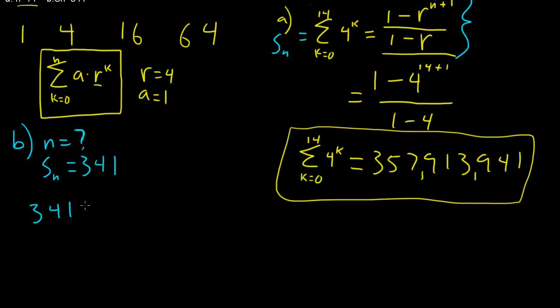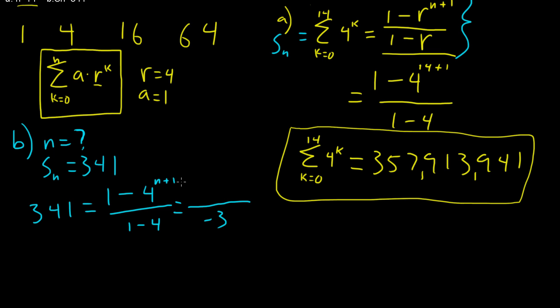So 341 is equal to, going back up to this equation here, 1 minus 4 to the n plus 1, where n is what we don't know, since we're solving for n, divided by 1 minus 4. After this it's just algebra. 1 minus 4 is going to be negative 3.